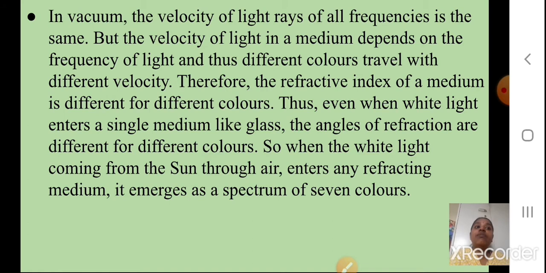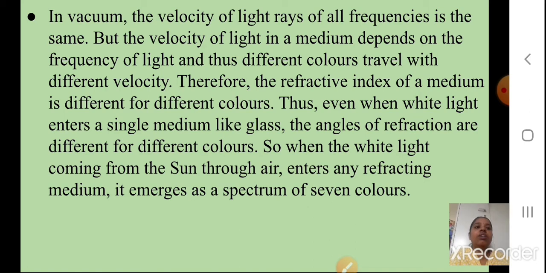Thus even when white light enters a single medium like glass, the angles of refraction are different for different colors. So when white light coming from the sun through air enters any refracting medium, it emerges as a spectrum of 7 colors.